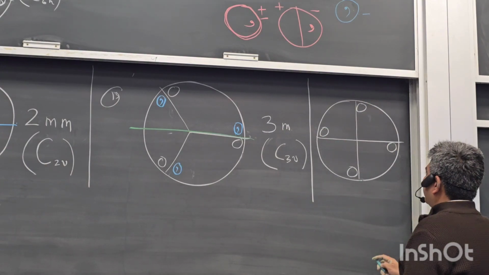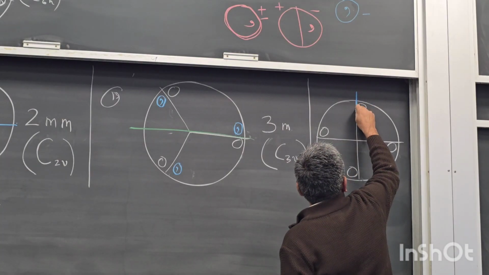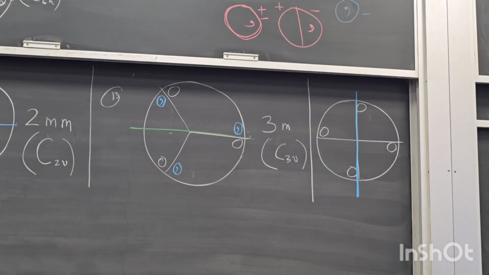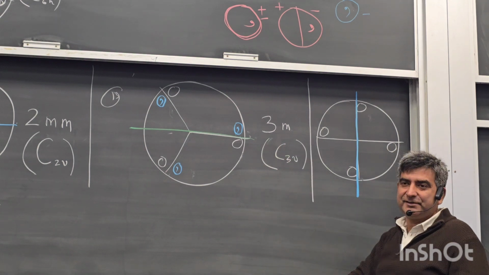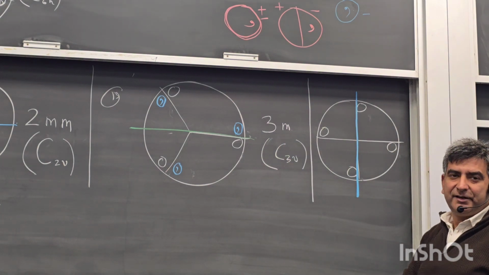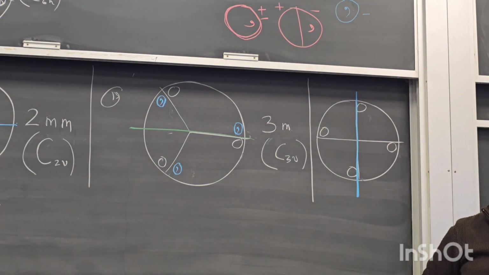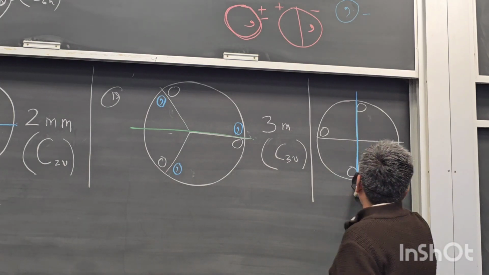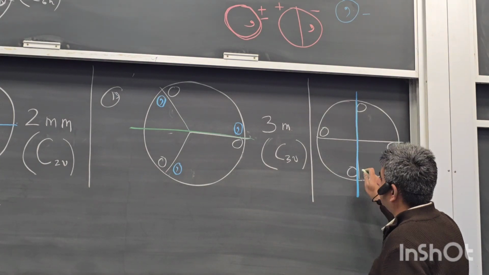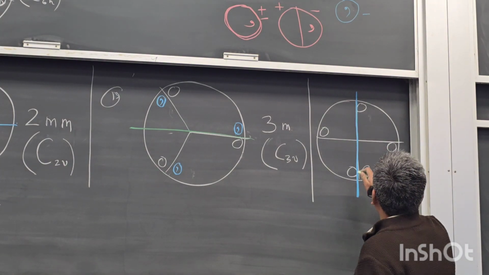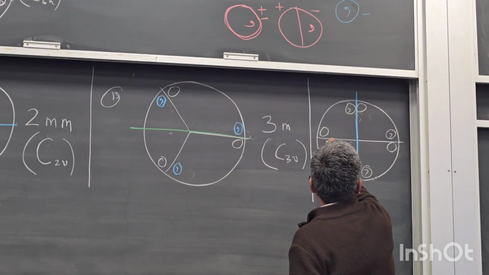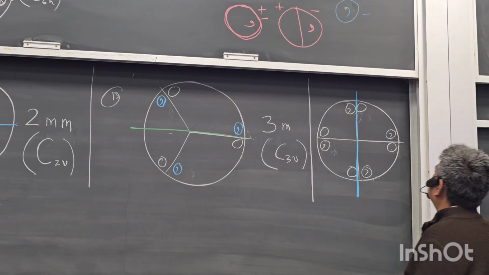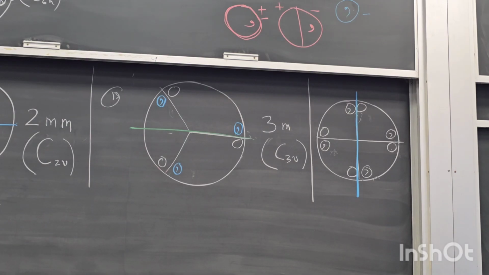This will be slightly more interesting. Suppose this is my mirror plane. This doesn't have a forward slash sign, by the way, because the mirror plane is in the same direction as the principal axis of rotation. So if this is my mirror plane, I get this. Here, I get this. This will give me this. This will give me this. So have I generated a new mirror plane?